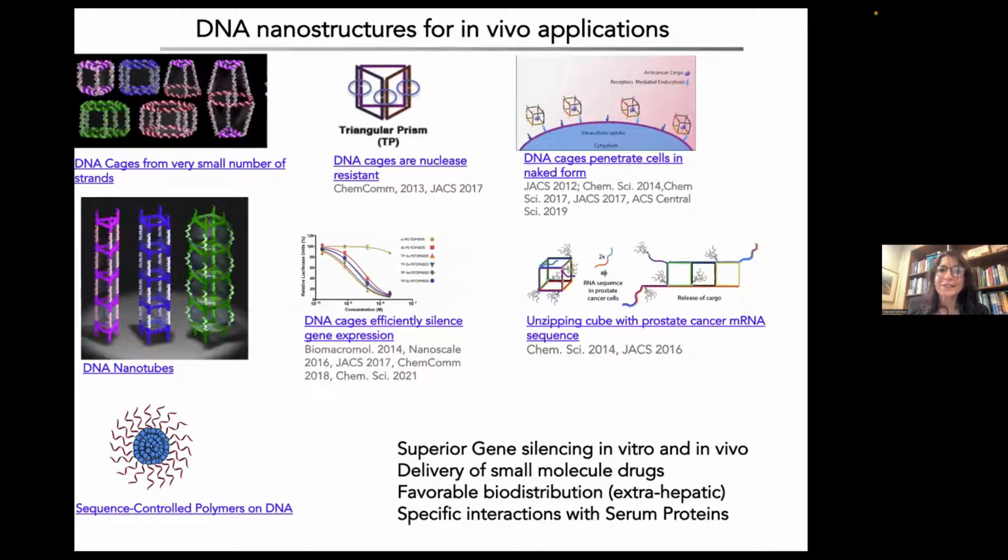So I hope I showed you today, through a very fundamental talk, how we make our structures and what they look like and what they do, and that we do have a very large library that we can create out of our nanostructures. DNA can be basically molded into very large numbers of sizes and shapes. And what we can do now is make very large libraries.